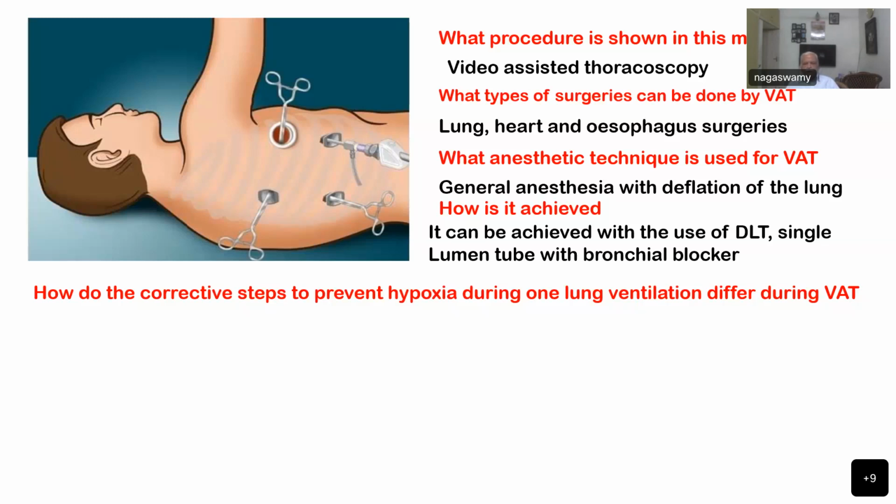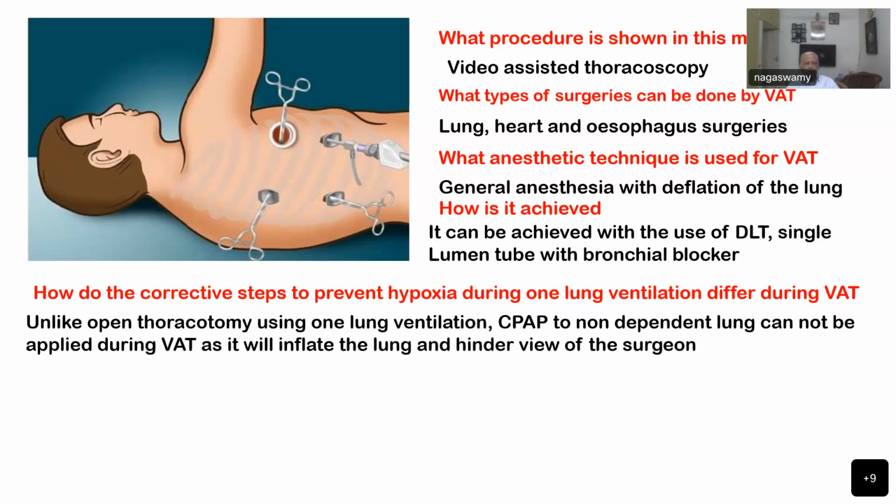But is there any difference in these steps between open thoracotomy one lung ventilation and VATS? That is the question that is asked. The small differences are, unlike open thoracotomy, you cannot give CPAP to the non-dependent lung here because this is minimally invasive. They want the lung to be fully deflated. Unlike open thoracotomy where you can give CPAP to the non-dependent or collapsed lung, it cannot be applied in VATS, as that will hinder the view of the surgeon.